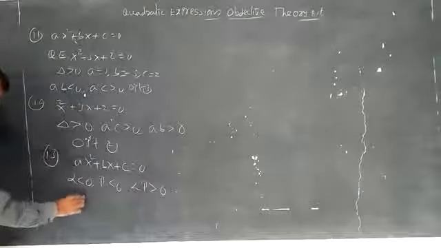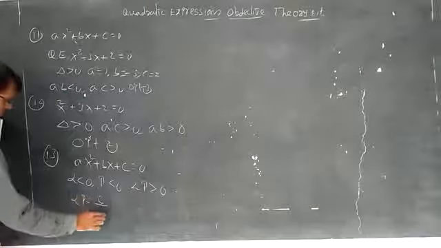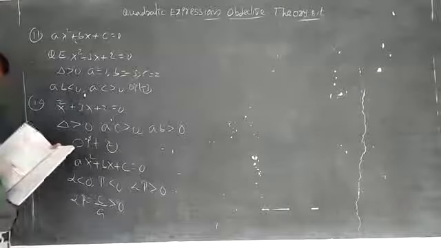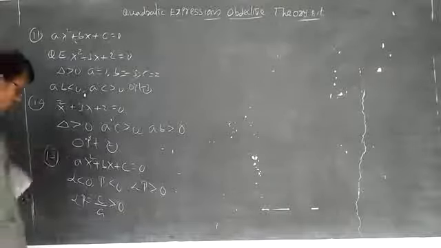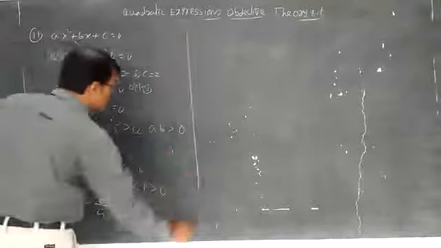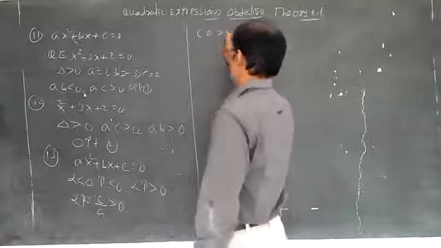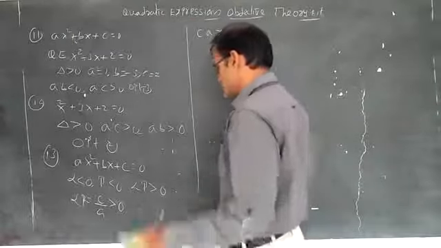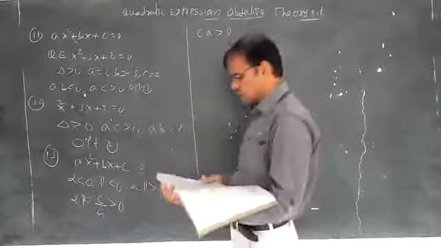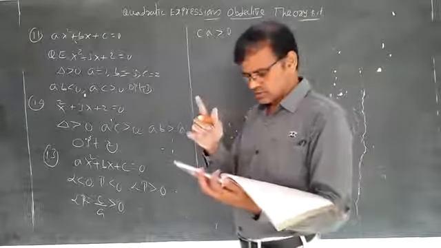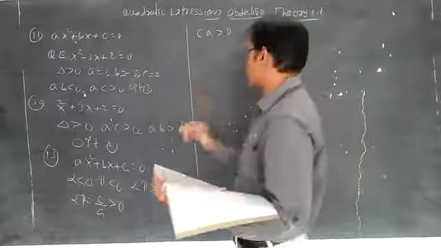Whenever alpha beta greater than 0, alpha beta is equal to c by a, so c by a should be greater than 0, given both roots are negative. Whenever c by a greater than 0, multiply it with a, it becomes ac greater than 0. And given that b less than 0.